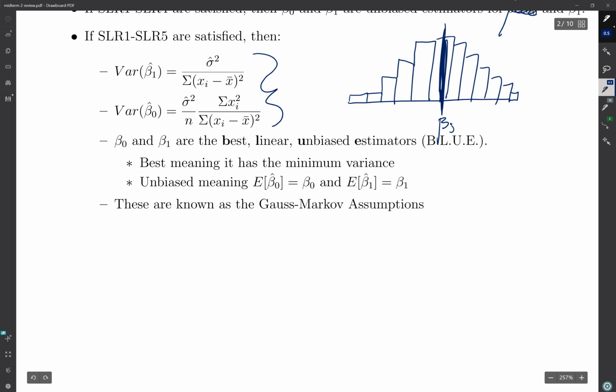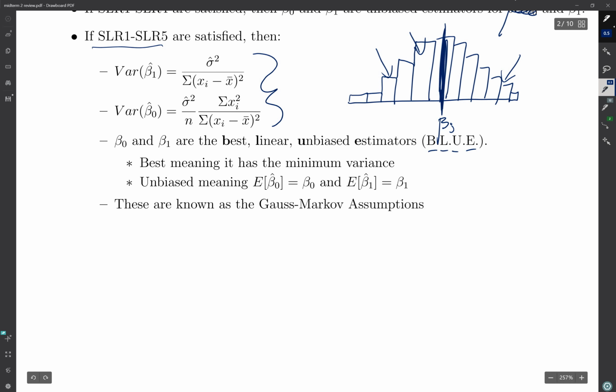But it could be any of these that we could actually be calculating. So ideally, we'd like to have some sort of a small variance, right? We'd like to be able to say things about the variance. It's kind of important for that reason. So if all 5 are satisfied, then we can say that our estimator is BLUE, best linear unbiased estimator.